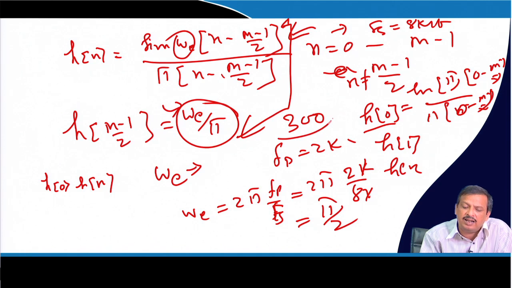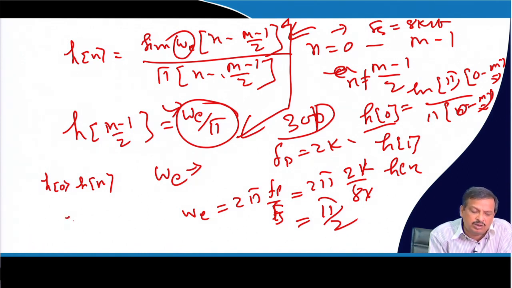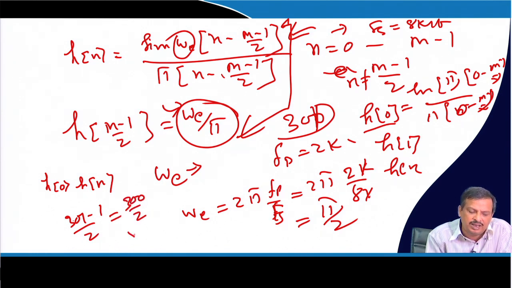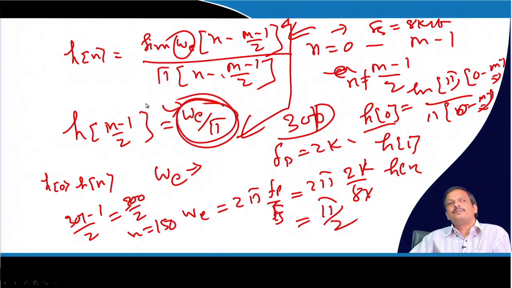Now if it is odd, so the order is 301, let us say 301 is odd. So (301 minus 1) divided by 2, which is nothing but 300 divided by 2, that means at n equal to 150, this will be only omega c by pi. So pi by 2 divided by pi means half.